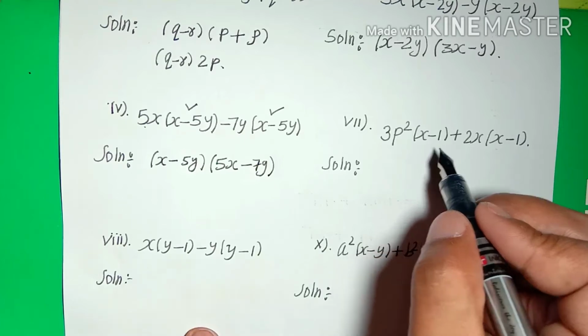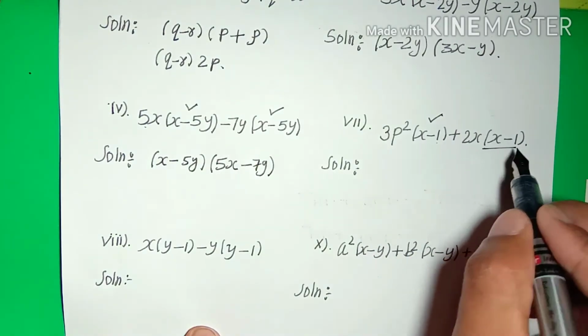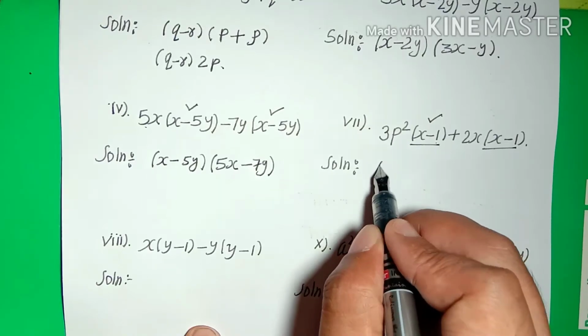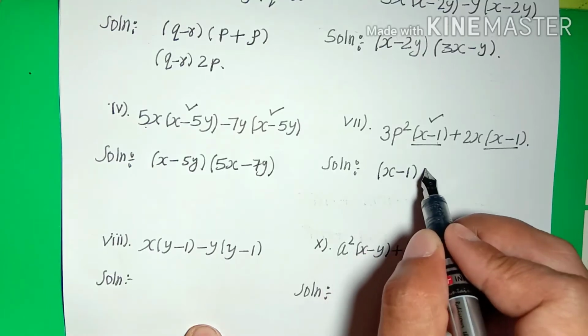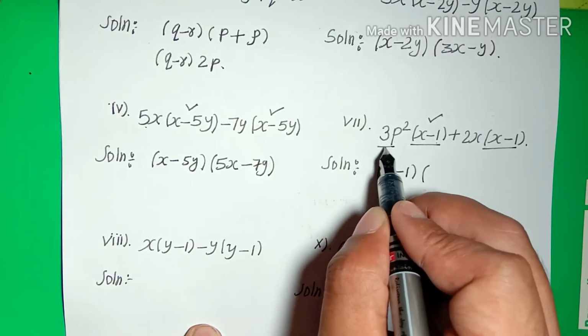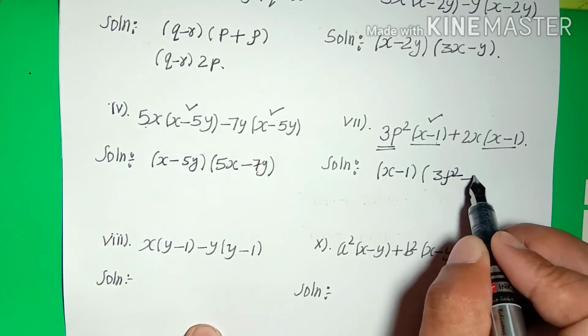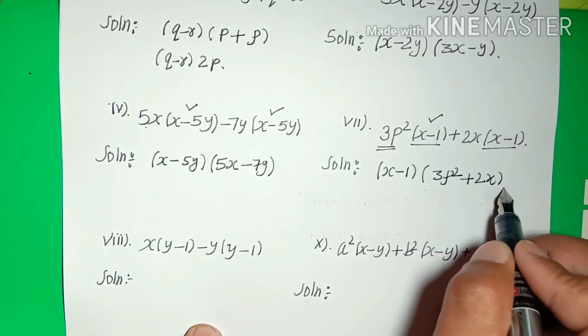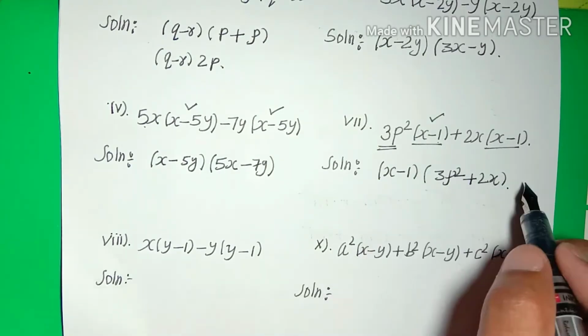Again on the other side we can see the factor x minus 1, this also x minus 1. That means we can take the factor x minus 1 as the common. Now you'll have to collect back 3p square plus, now not possible to add here, likewise here not possible to subtract.